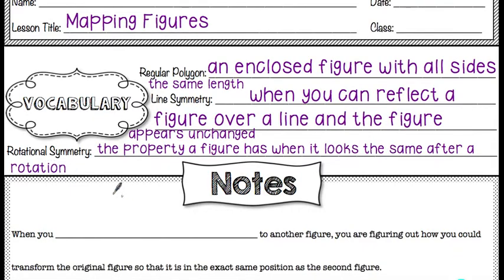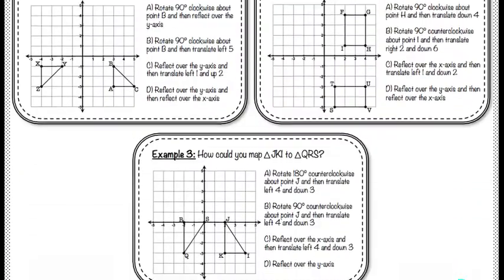For example, for rotational symmetry, if you have the letter S, the letter S looks the same when you turn it upside down. So let me take a picture of this letter and I'll show you what I mean. See if it appeared on the screen.